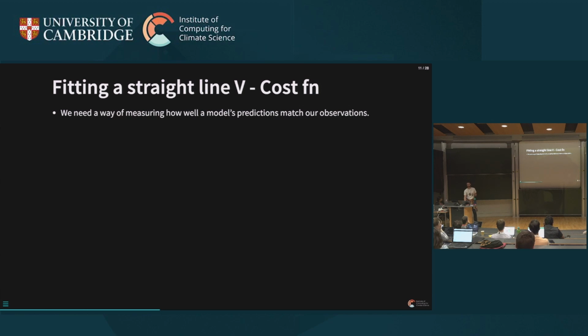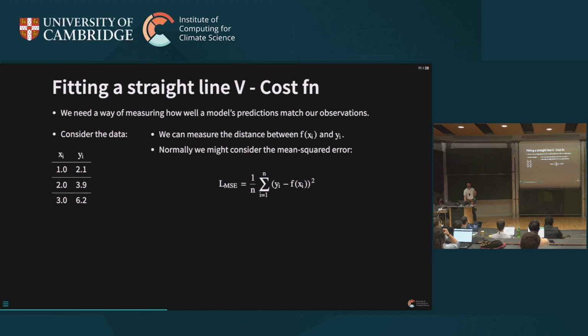In order to apply this technique to neural networks, we need some way to match the predictions to our observations, and we do this with something called a cost function, which measures the error between the function that we've learnt and our reference values y. Normally we consider the mean squared error, which has this y minus f of x squared functional form.